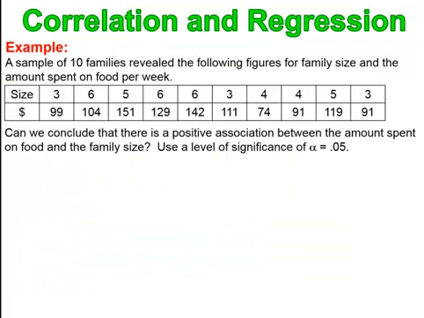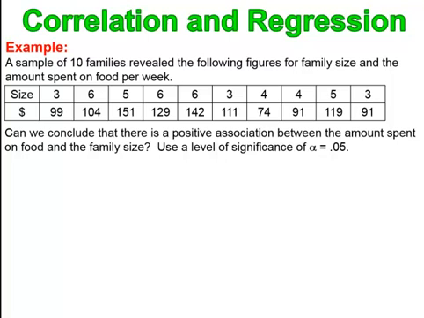So here's an example. We had a sample of 10 families revealing the following figures for family size and the amount spent on food per week. So we have size and dollars. Can we conclude that there is a positive association between the amount spent on food and the family size?